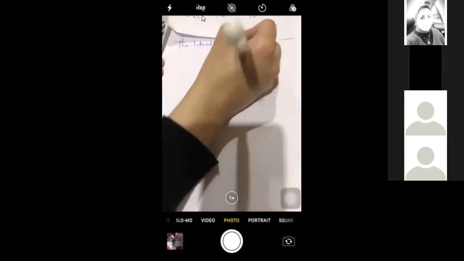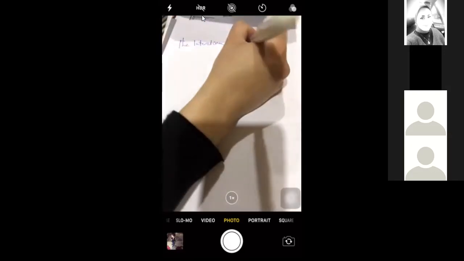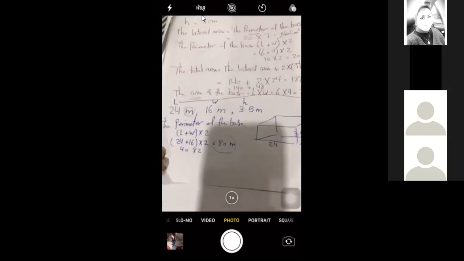So the lateral area equals 80, because the perimeter is 80, multiplied by the height 3.5. So it's 80 multiplied by 3.5.